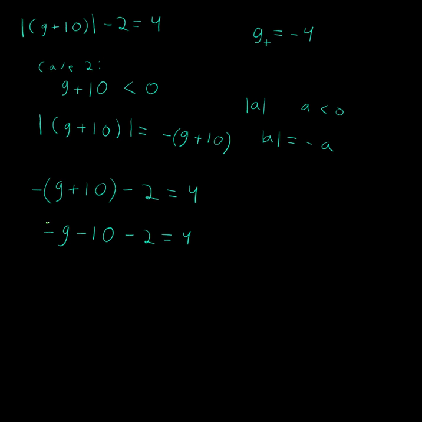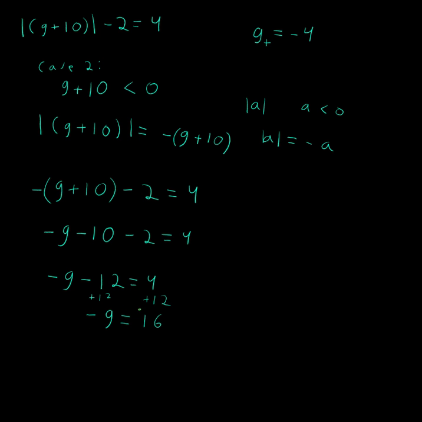We're now doing step 1 of our solving equations. We're just simplifying everything out. So negative g minus 12 equals 4. Step 1 complete. Step 2, we want to isolate our variable, and so we add 12 to both sides. We get negative g equals 16.